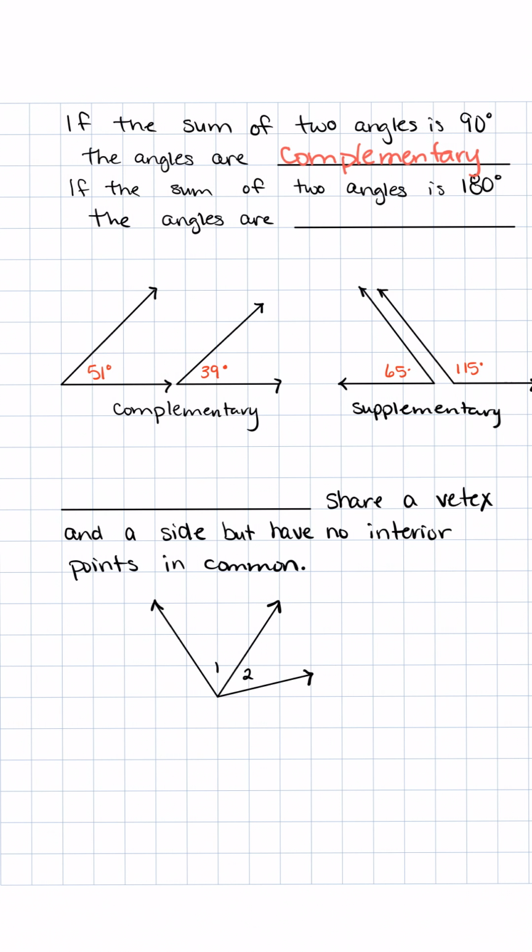If the sum of two angles is 180 degrees, the angles are supplementary. You have got to just memorize, because throughout our questions, complementary equals 90 degrees, or write this down and refer to it. Supplementary equals 180 degrees.